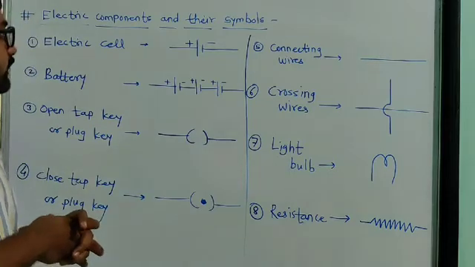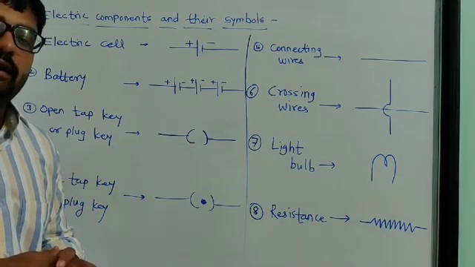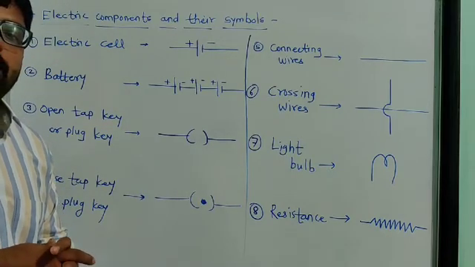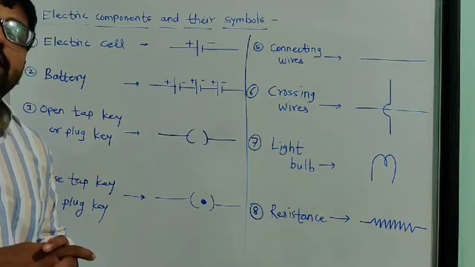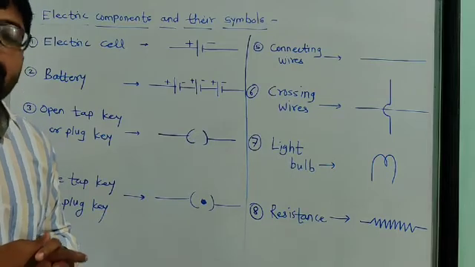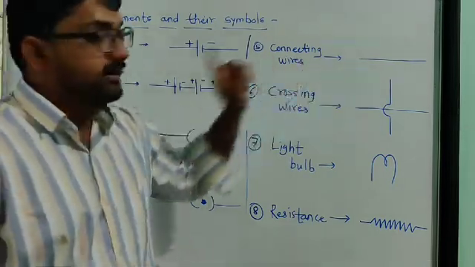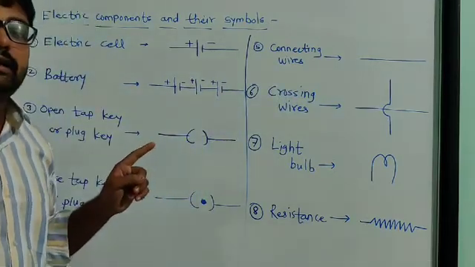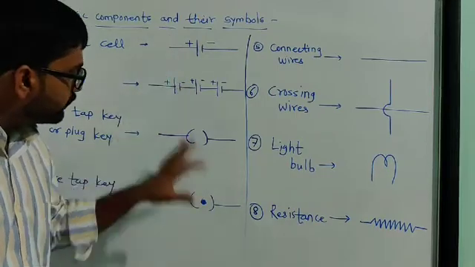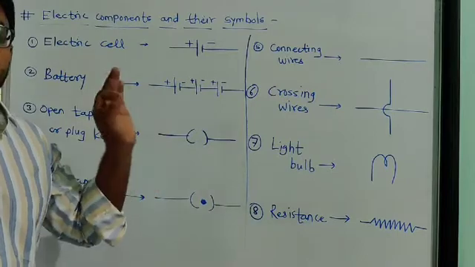First of all, yesterday we saw the definition of an electric circuit. The definition tells us that it is a continuous conducting path made by connecting wires, and in that path different types of electrical components are connected to each other.